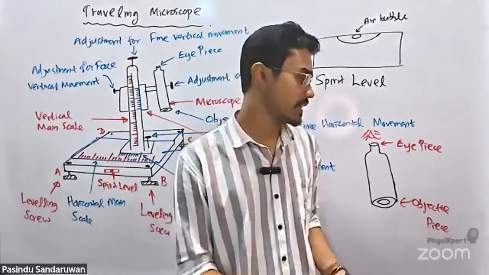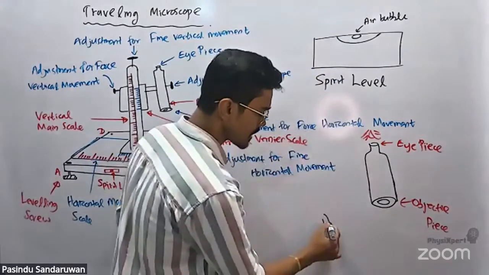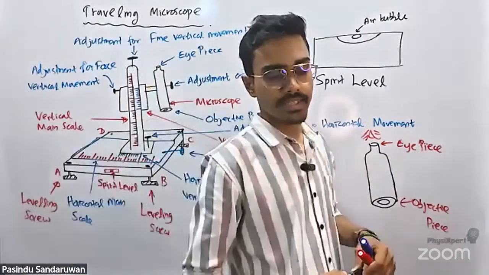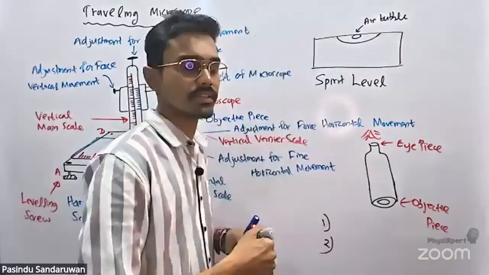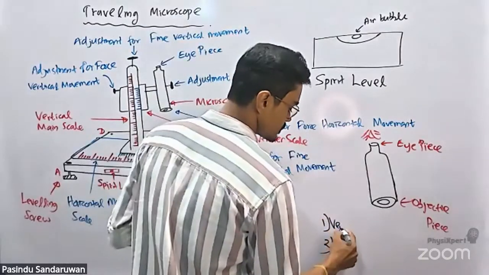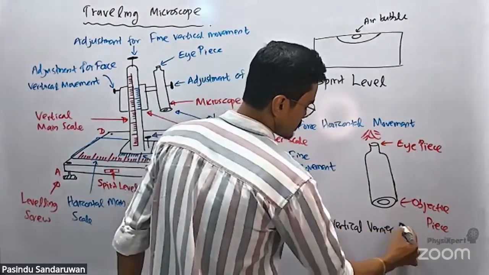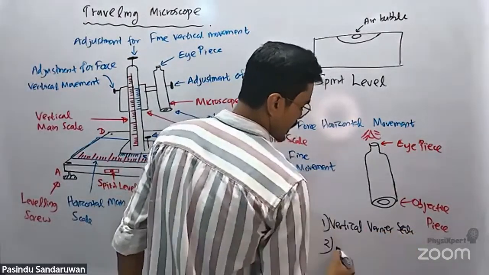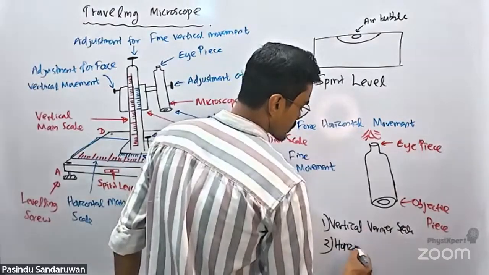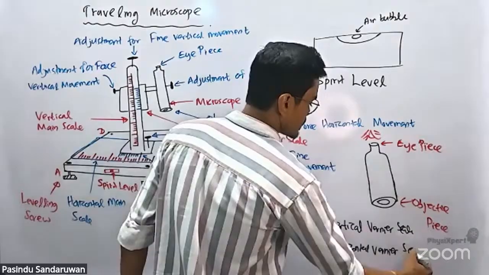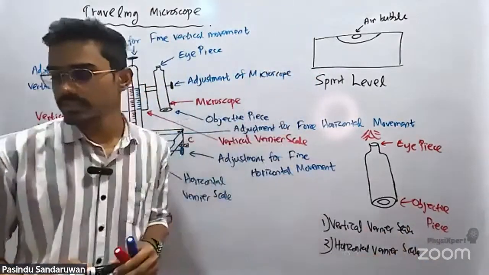Right? So below that, number 1, write vertical vernier scale, and number 2, horizontal vernier scale.